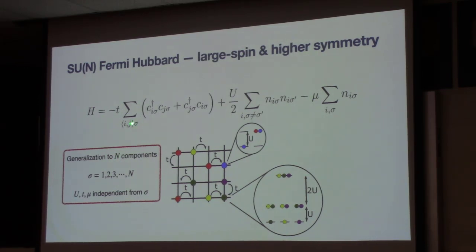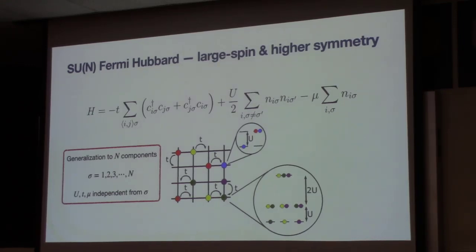So now this label sigma runs from 1 to N. But the important thing here is that all the parameters, such as the tunneling, the interaction strength, and the chemical potential, do not depend on which of these colors we pick. And the different colors correspond to different spin projections of the atom that we are using.